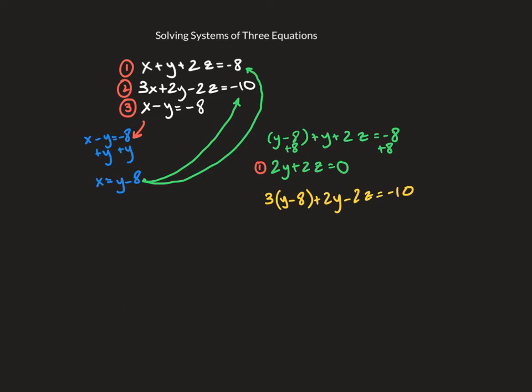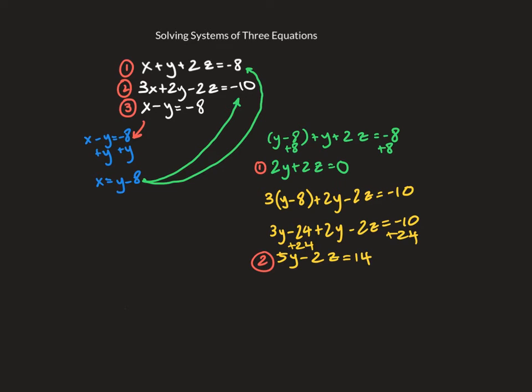Now once you've gotten here, just expand this. 3y minus 24 plus 2y minus 2z equals negative 10. Now just add like terms, so 5y minus 2z, and then you're going to add 24 to each side. That'll be equal to 14. Now I'm going to number this as the product of my second equation.